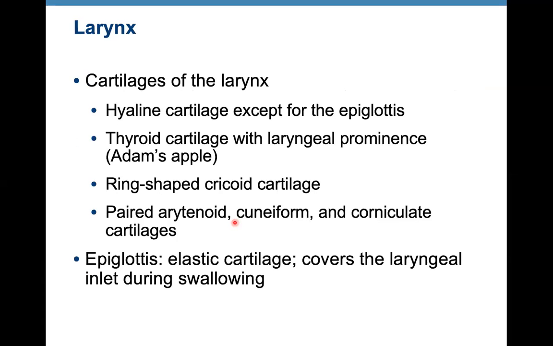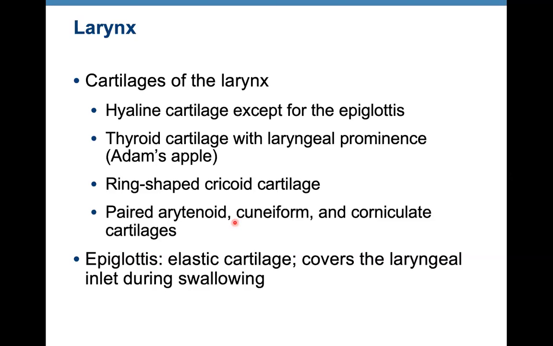The cartilage rings of the larynx: we have several different pieces of cartilage that will actually comprise the larynx. Hyaline cartilage is what most of this cartilage will be composed of, except for the epiglottis. The epiglottis is actually going to be elastic cartilage.